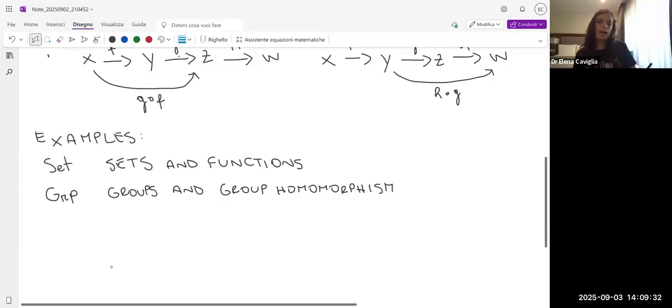So it's a very useful example. And then we have also examples of maybe a different kind. So for example, we can consider a partially ordered set.